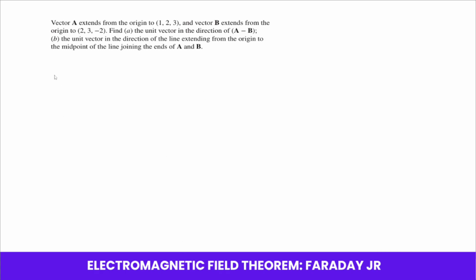Our B is saying we are finding a unit vector in the direction of the line extending from the origin to the midpoint of the line joining the ends of A and B.